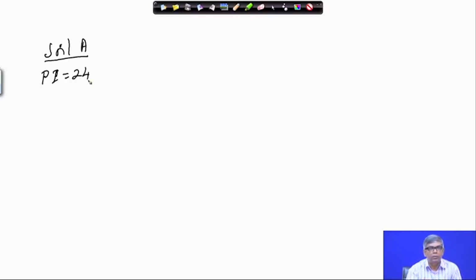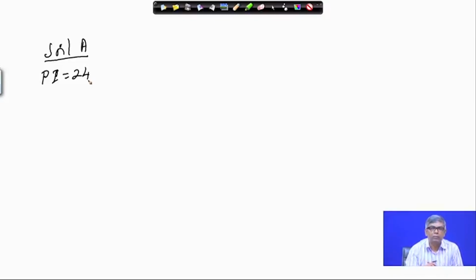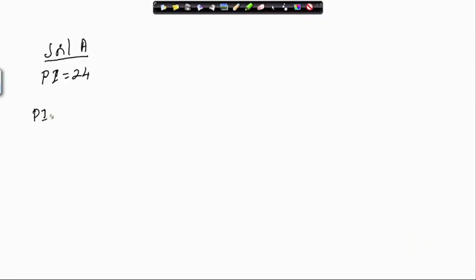And we know that on the plasticity chart there is an equation: PI equal to 0.73 times (liquid limit minus 20).